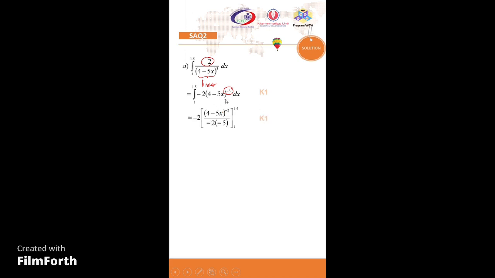Okay, then you can proceed with your integration. To integrate this form, you add 1 to the power, and then you divide by the new power, and then you multiply by the coefficient of x.